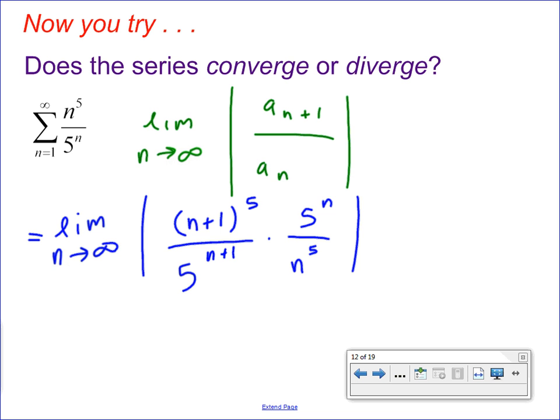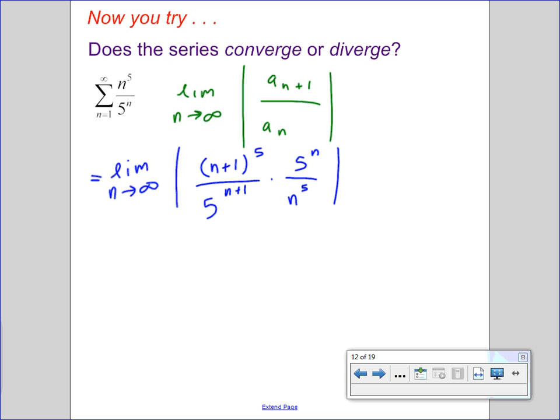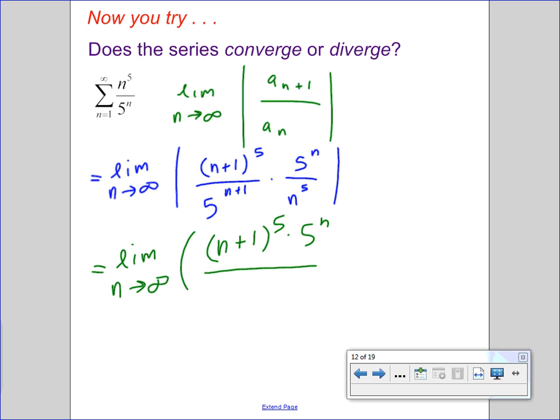We can do some rewriting with those exponent rules, so we'll go ahead and do the limit as n goes to infinity of, I think we're stuck with that for the meantime. But on bottom we can rewrite our 5 to the n plus 1 as 5 times 5 to the n.